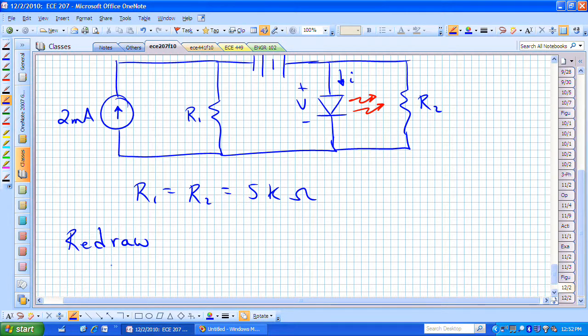Excuse me, this circuit. And what helps us redraw that is to notice that the diode and R sub 2 are in parallel.